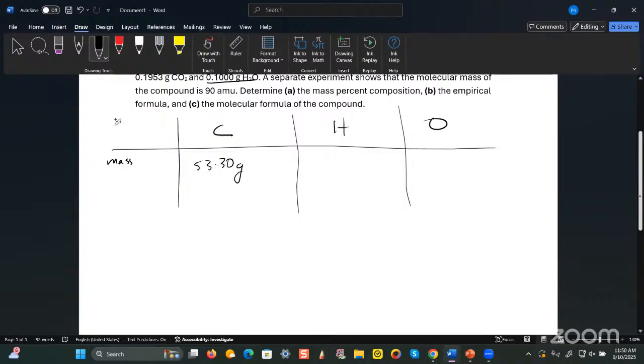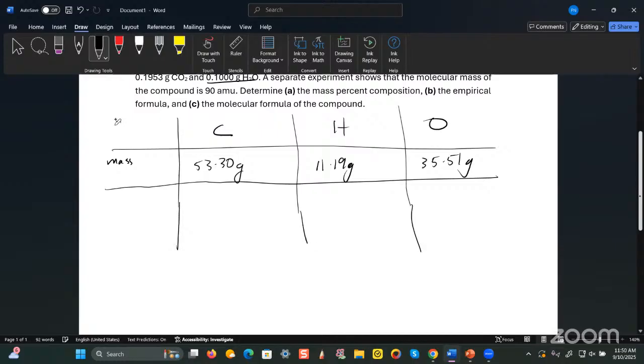What was the value for the hydrogen? 11.19, yeah, I seem to remember that. And then the oxygen was what? 35.51. 35.51 grams? Okay, good. So, where it was percent, but we're going to use grams. So, what's the next step?